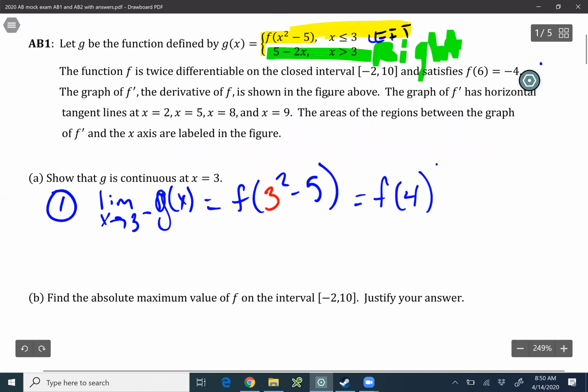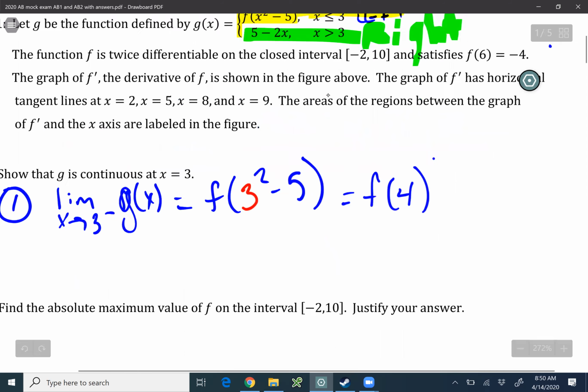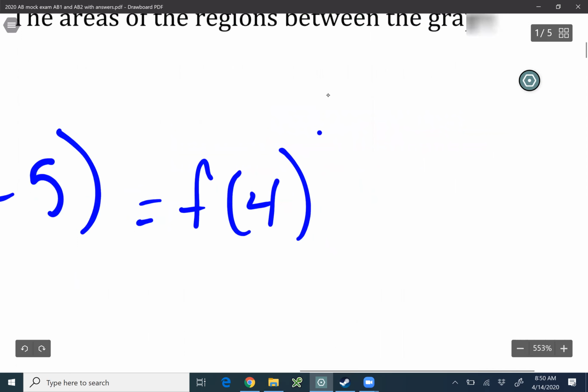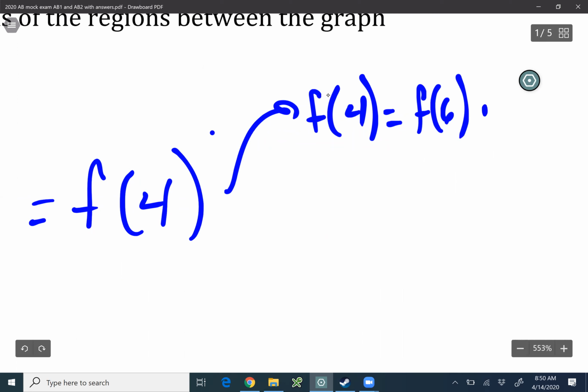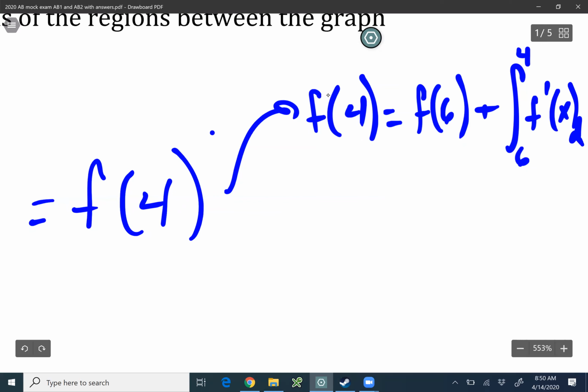So for f of 4, what we have to do is say, okay, we know that f of 4 equals f of 6 plus the integral from 6 to 4 of f prime of x dx.